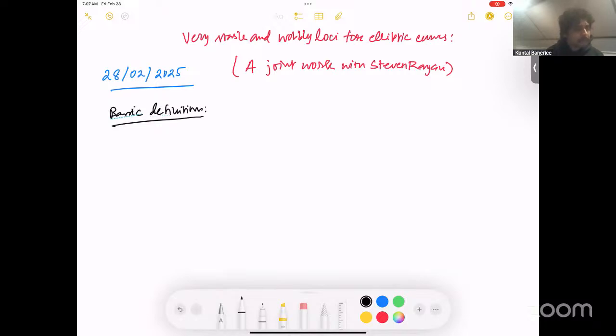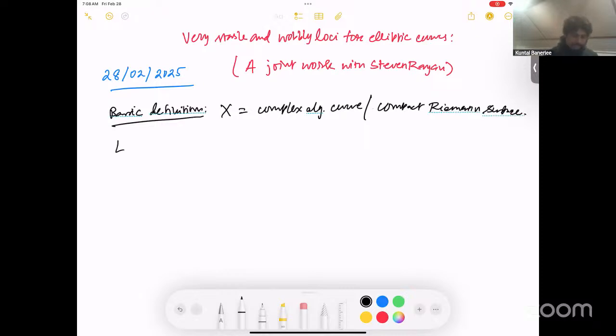So we work with a complex algebraic curve, or a compact Riemann surface, and we consider a line bundle on this compact Riemann surface.